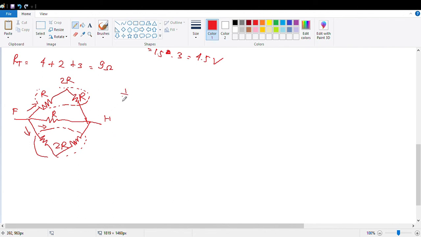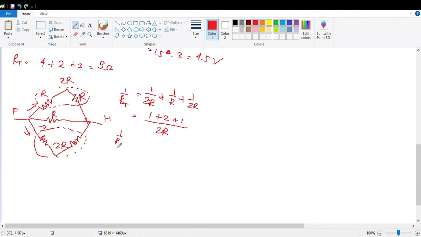So how to find the resistance between F and H? 1 per R total because it's in parallel, right? So 1 over 2R plus 1 over R plus 1 over 2R. So 1 plus 2 plus 1.